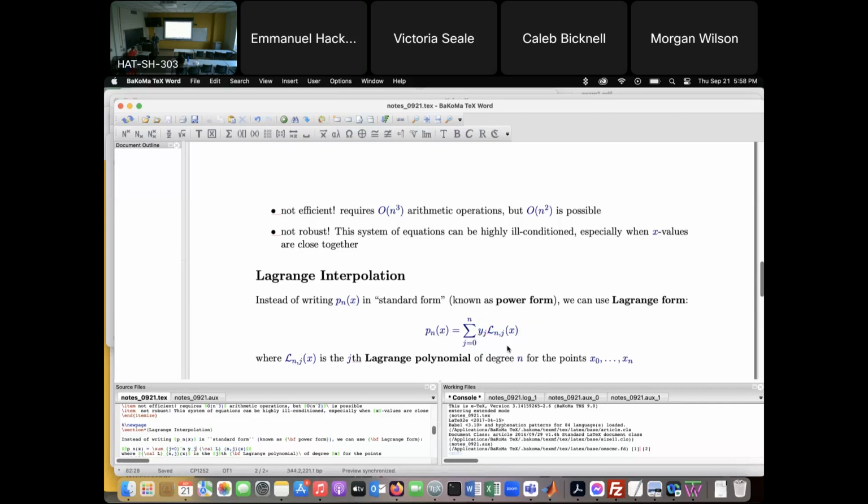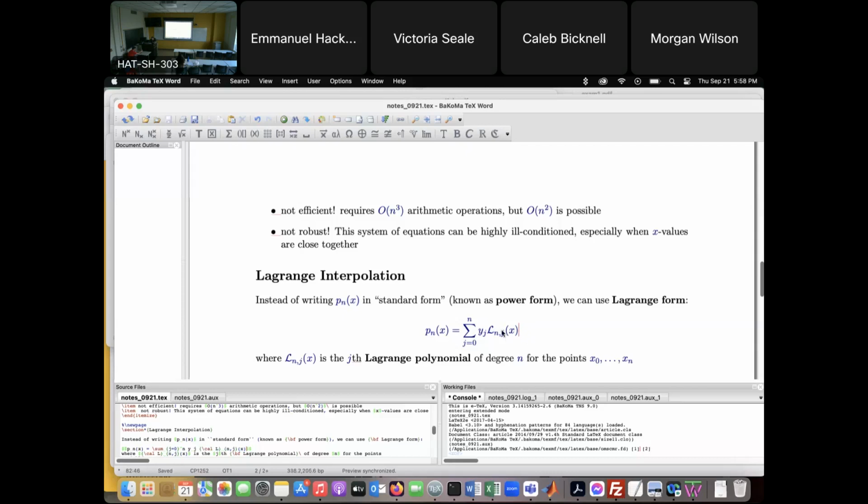So in a way, it's the opposite of the approach of using a Vandermonde matrix, because in the case of power form and solving a system of equations, the form of a polynomial is very simple. The coefficients are difficult to get because you have to solve that system. Here, it's the coefficients that are trivial. It's making these polynomials that takes some work. So the Lagrange interpolation is the opposite in that sense.